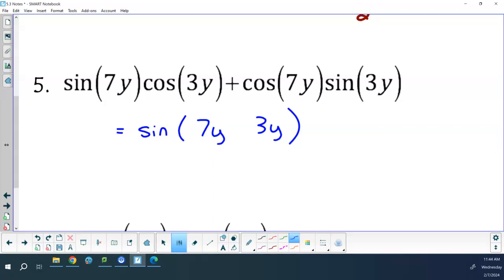It's like flipping it, because order doesn't matter in multiplication. What am I doing with the 7y and the 3y? Plus, adding, because cosine is the same. So that one's just the sine of 10y. Okay?